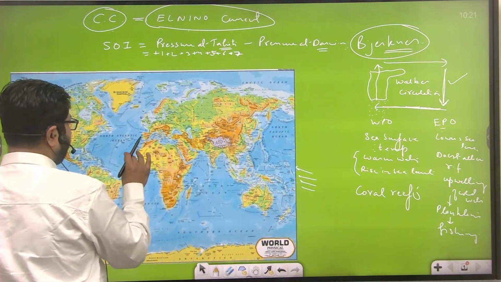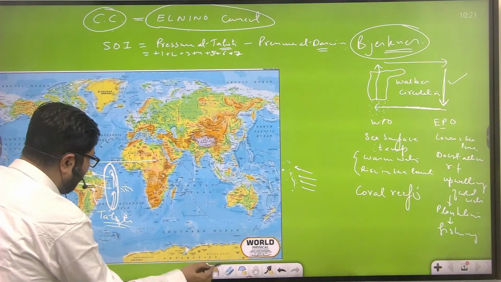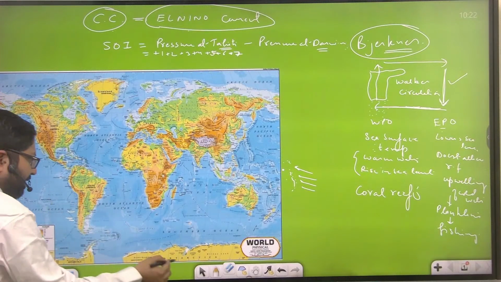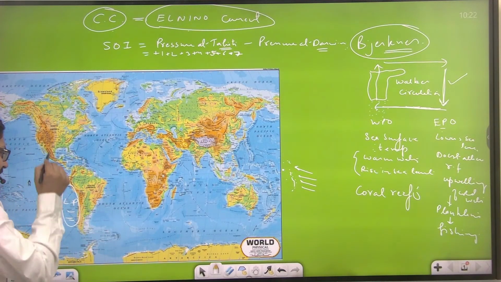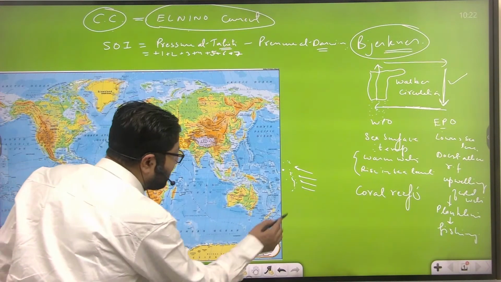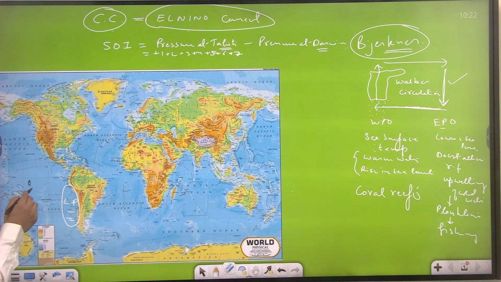When the water in East Pacific Ocean warms up, what happens? When this water will become warm, automatically low pressure will come into existence. When this low pressure will come into existence, the pressure gradient will get reverted.